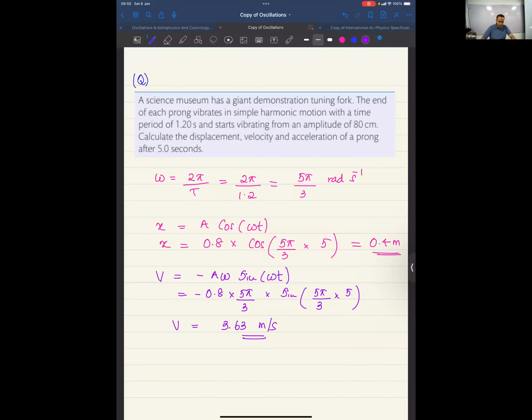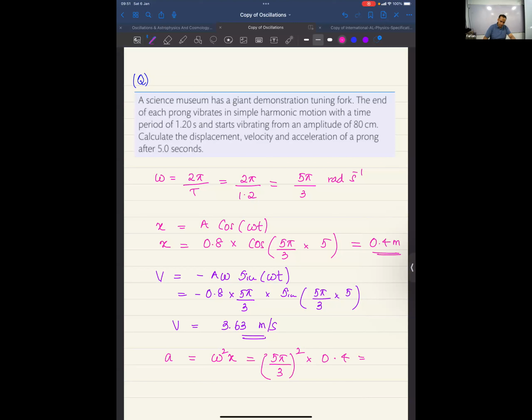And then finally, to find the acceleration, I can use a equals omega square x. Omega is 5 pi over 3, that squared, into x, which is 0.4. So 5 pi over 3 squared into 0.4. 10.96, 10.97.